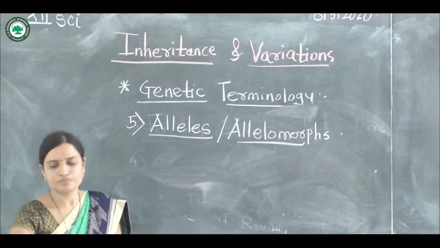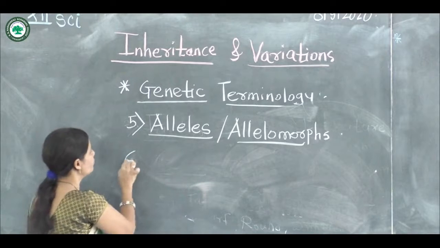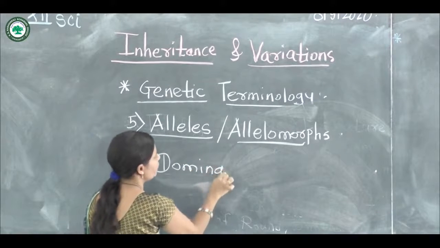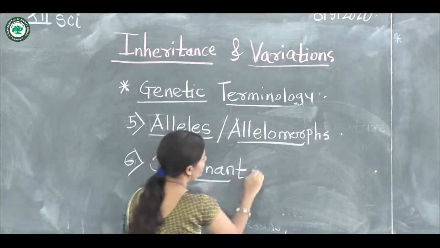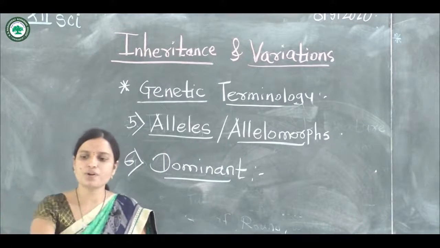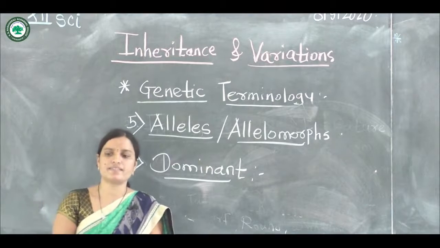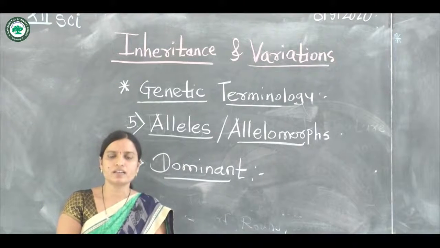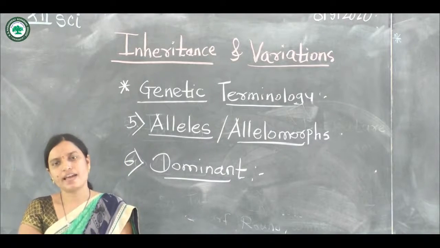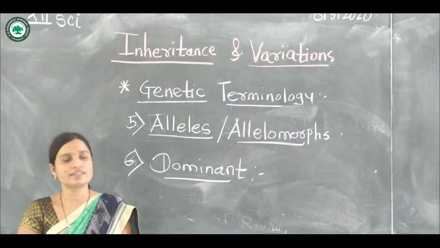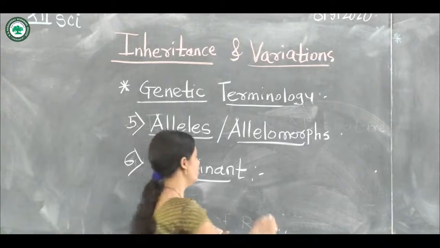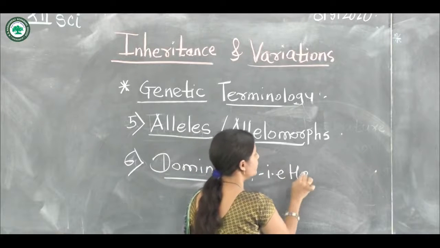The next terminology is dominant, which we have already studied. A dominant allele is one that expresses in a trait even in the presence of an alternative allele, and dominant alleles occur in the heterozygous condition.